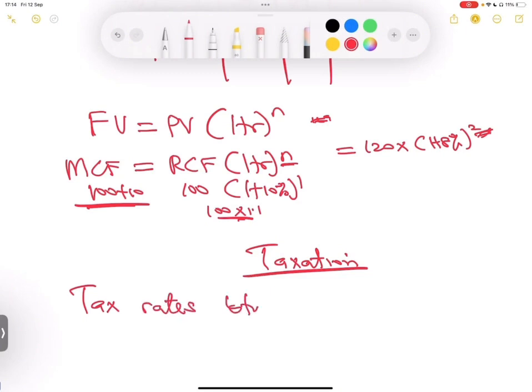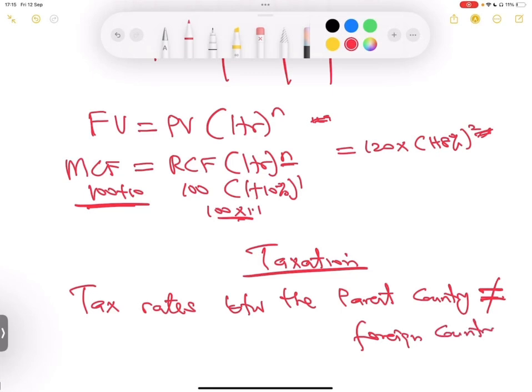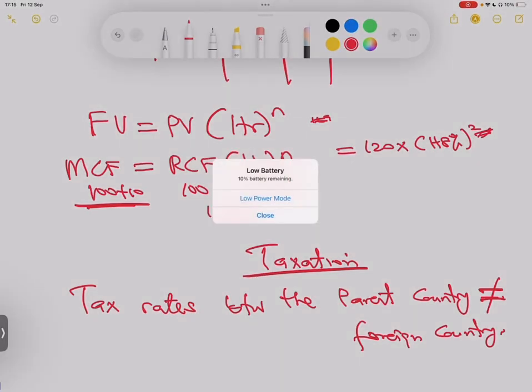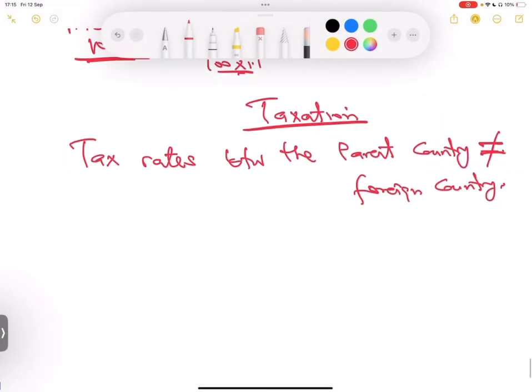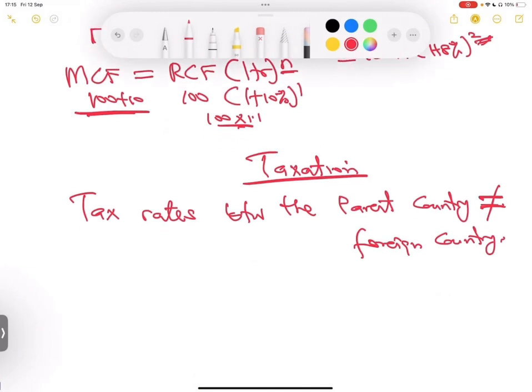The tax rate of the parent country most times will not be the same as the foreign country where you are investing. I'm sure you agree with me. The rate in the UK is not the same as the tax rate in Canada. The tax rate in the US is not the same as the tax rate in Japan. Which means you need to know how to make adjustments when you are calculating your net present value.